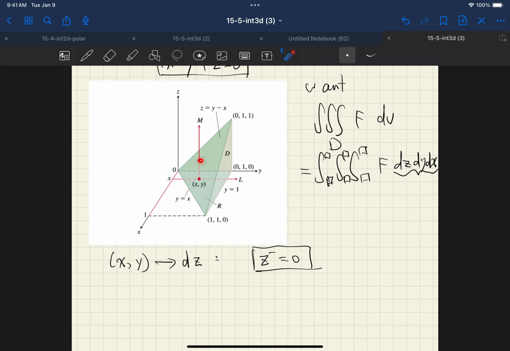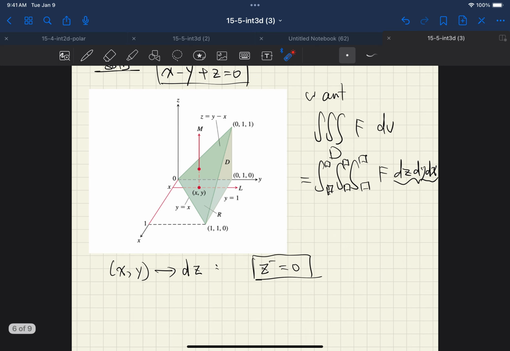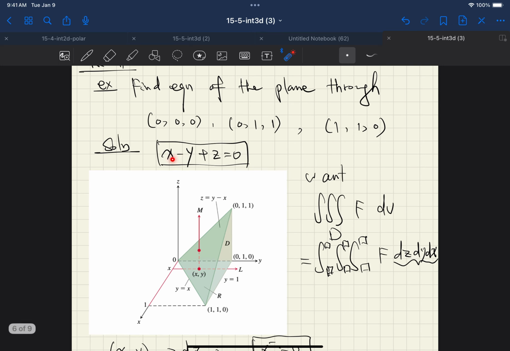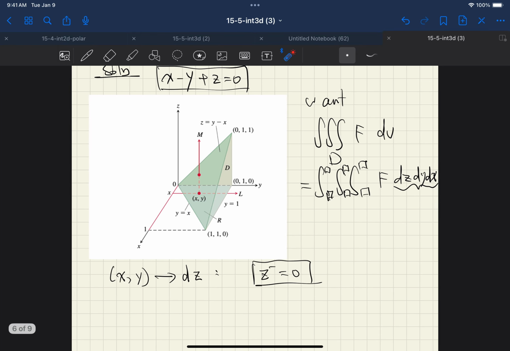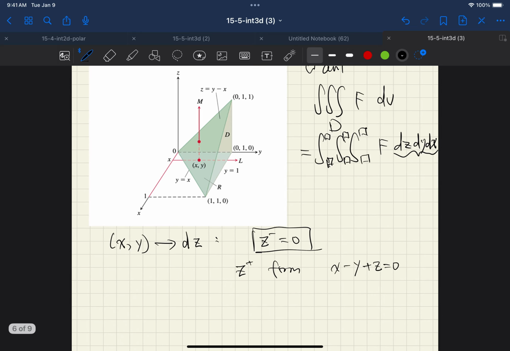z plus comes from this point. The red dot is the last point going through the object. So this point is on the plane going through these 3 points, which is the plane given by the equation here. So z plus comes from the plane x minus y plus z equals 0.